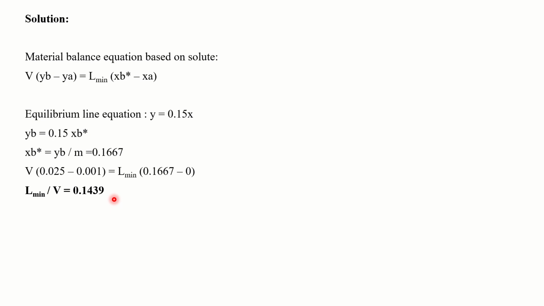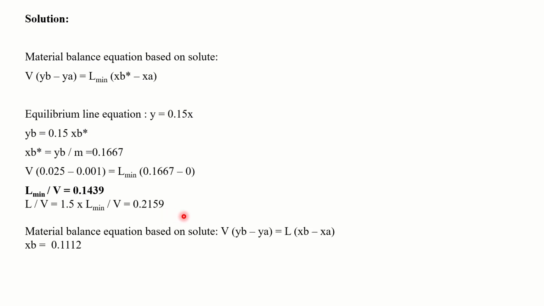From there, by using the condition given in the problem statement that the actual rate is 1.5 times the minimum rate, we can find the actual flow rate of liquid, that is the ratio L by V, which is 0.2159.